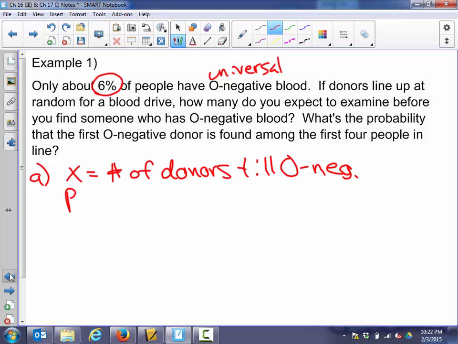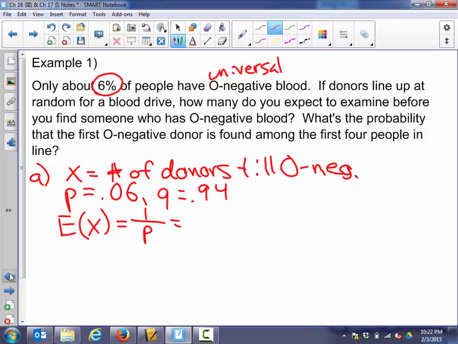So we've defined our variable, we've defined what X means to us. Let's talk about P being the probability of success, which is 0.06, and Q the probability of failure, the complement, which would be 94%. So we want the expected value of X, which, according to the last slide, was just 1 over the probability of success.